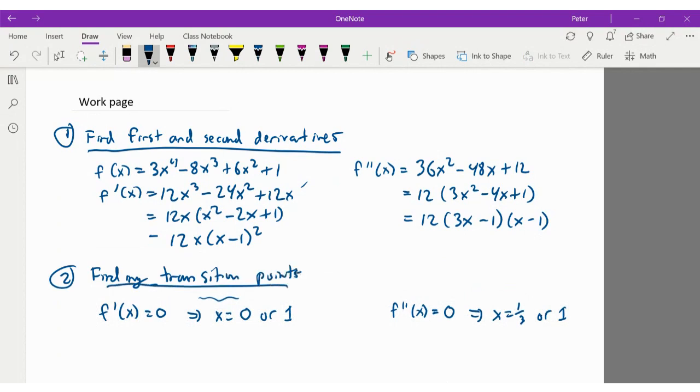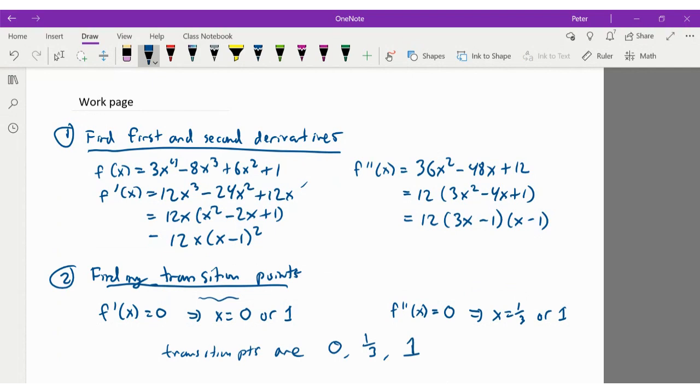So we can see what the 3 transition points are. Transition points are 0, 1/3, and 1. So these are the places where we're going to watch for changes in monotonicity or concavity.